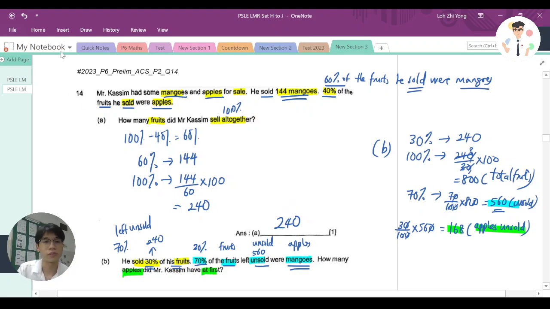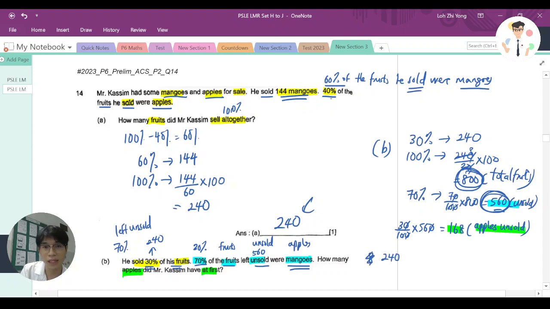So how to find the ones that were sold? Here, I know at first I had 800 fruits, and we already found 240 sold.